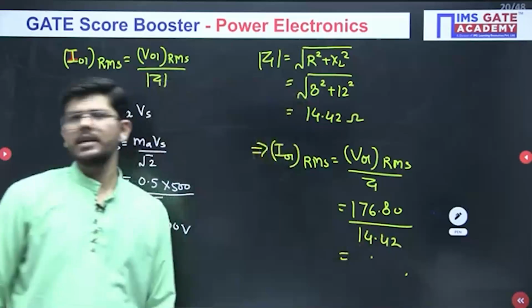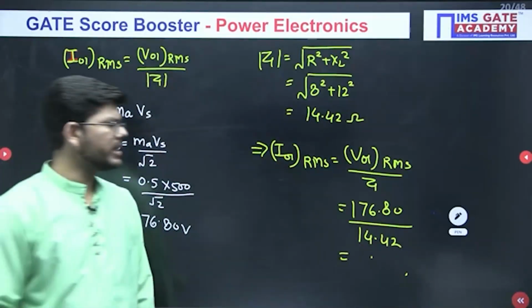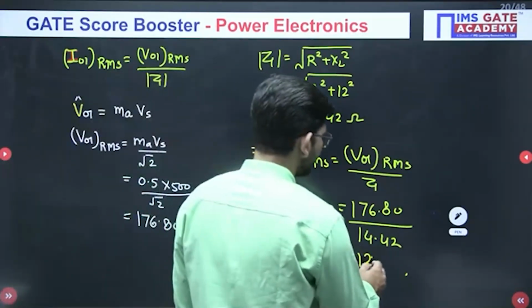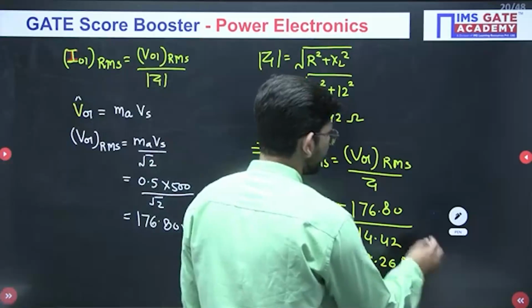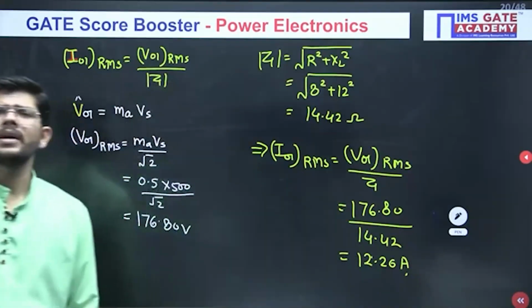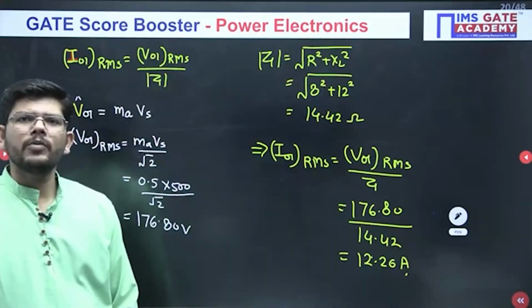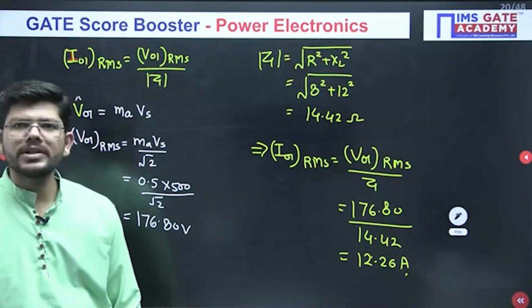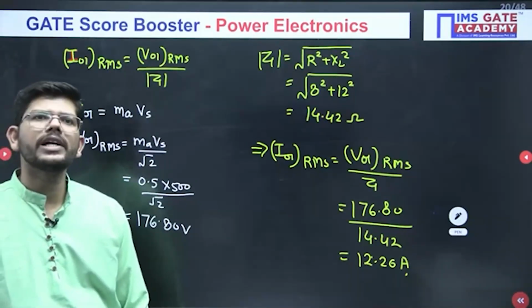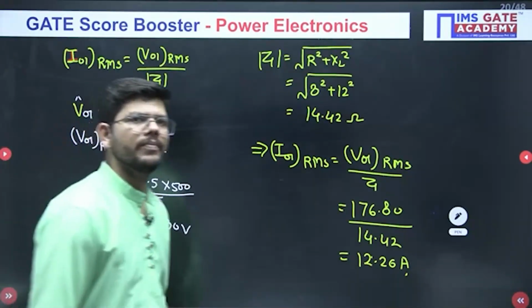Okay, when you will divide it, you will get 12.126 ampere as the current. So this will be the answer. Okay, Aryan, you are getting 17.33. Is there any calculation mistake that you have done? Nilmesh, your answer is absolutely correct. 12.25 is the right answer.